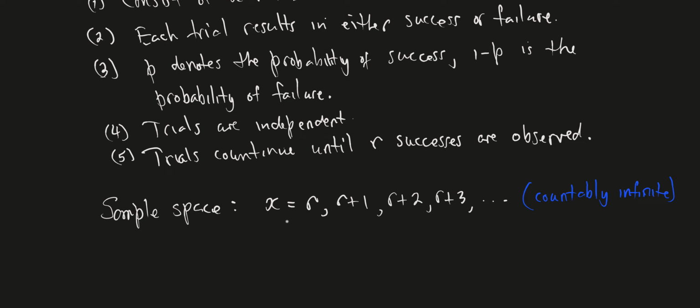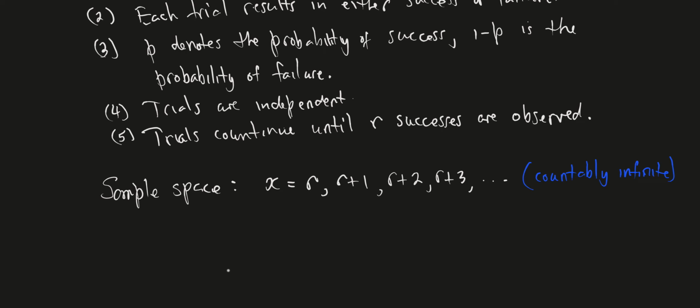So let's think of the ways that you could get those r successes. What I'm going to do here is say, on this trial here, this is where we will observe the rth success.